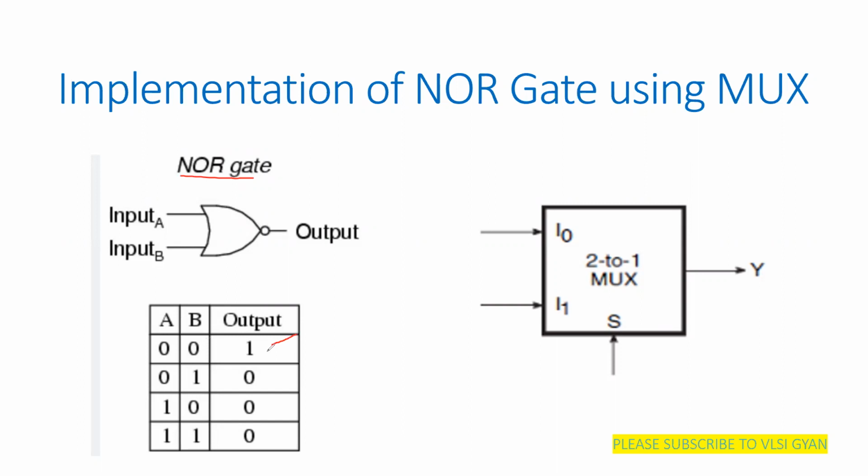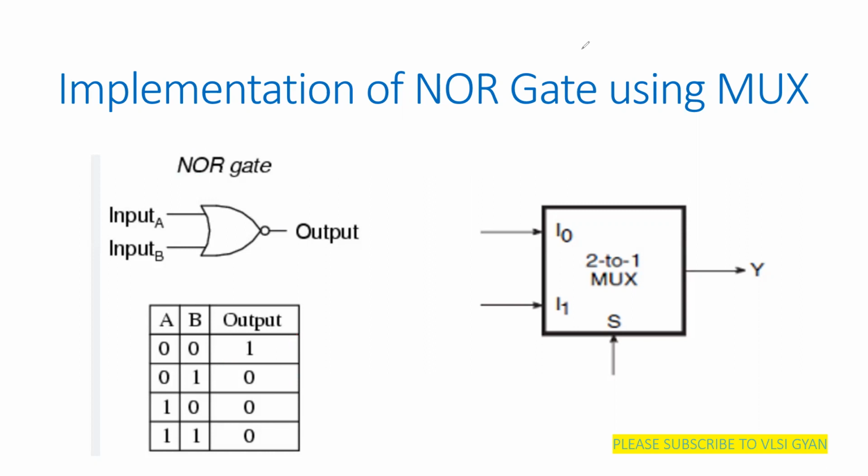Similarly, if one of the inputs is 0 and the other one is 1, then you will get the output as 0. Here also 0 and 0. So this is what the truth table of the NOR gate is.